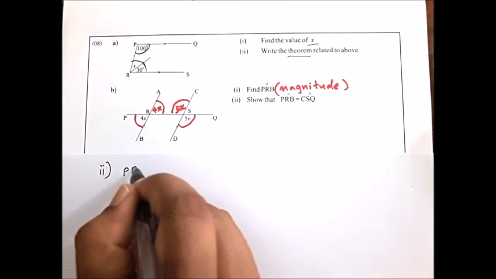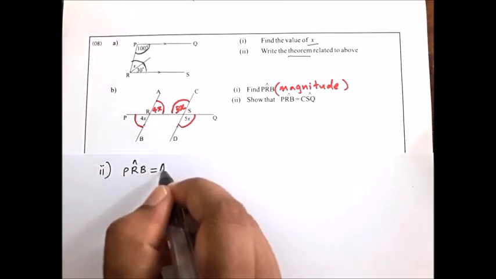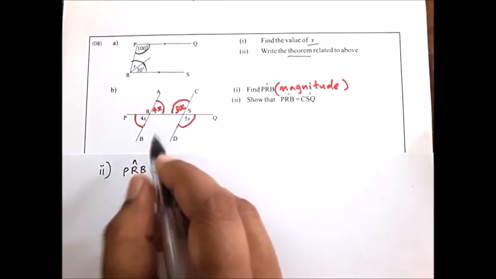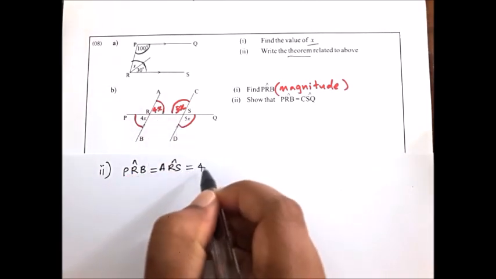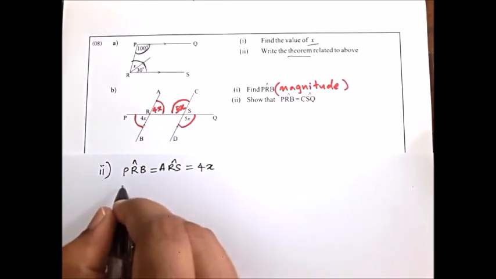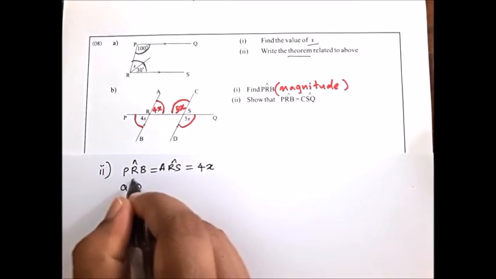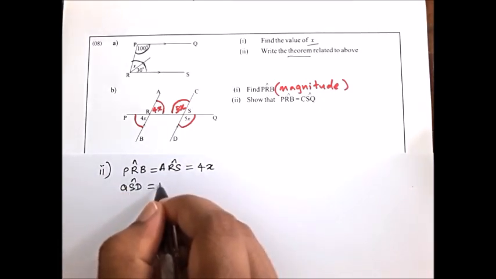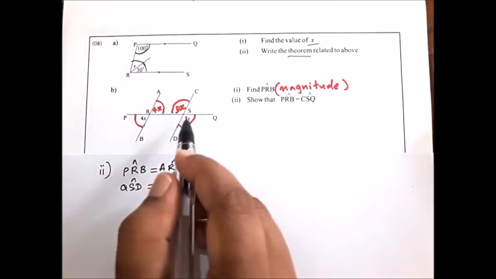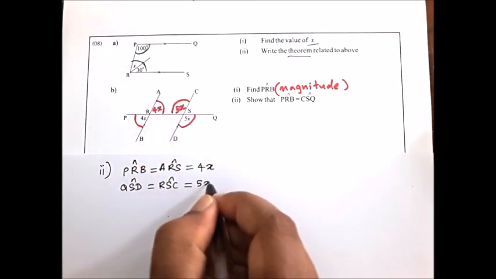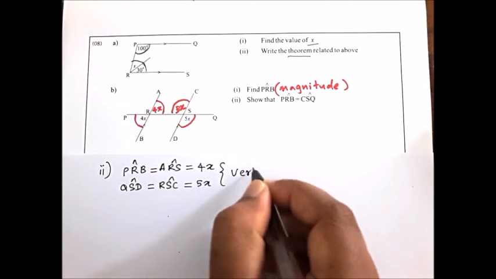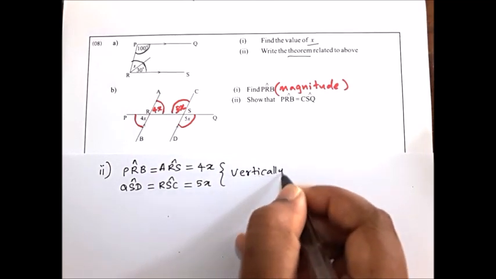Then write PRB equal to ARS, these two, 4x. Then QSD equal to RSC, these two angles, 5x. Reason is vertically opposite angles.